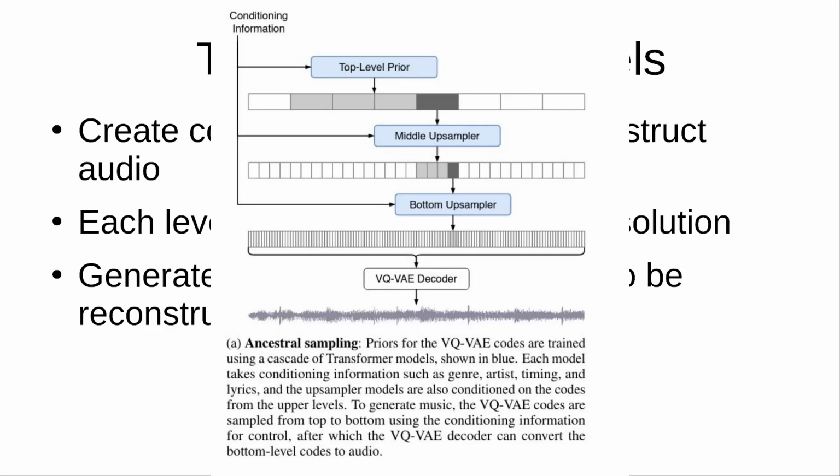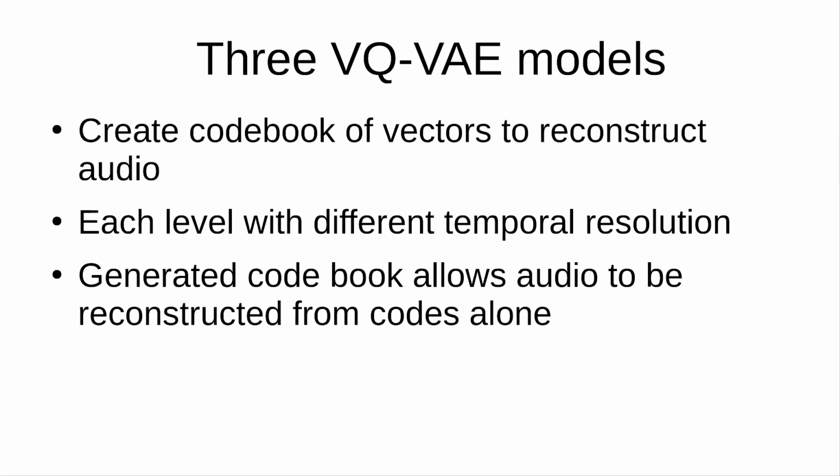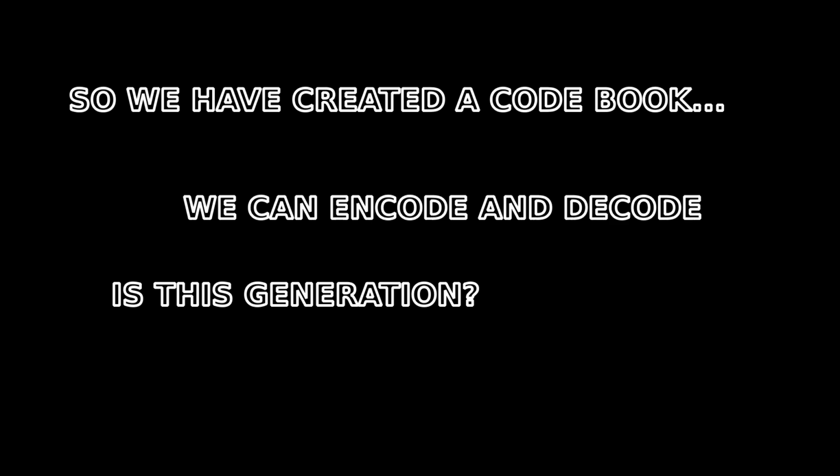And if you were to upsample the larger chunks into smaller chunks, you would be able to create a reconstruction with high quality audio using a highly abstracted data representation. And that's what they did. They trained the three VQ-VAE models independently, each developing a codebook. Then they trained a separate model to learn how to reconstruct the lower level models, the ones with a lesser degree of abstraction, from the top level model.